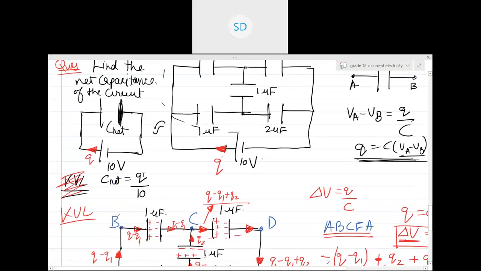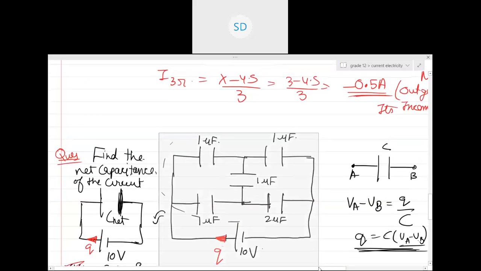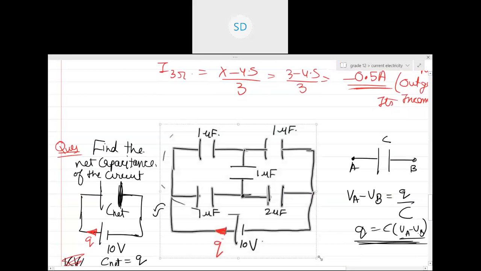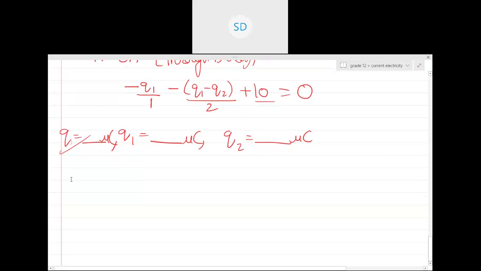The same way we can apply nodal analysis as well. But please remember, we will not be using VA minus VB upon R. We'll be using this. You don't need to distribute the charge or anything. You just simply need to do nodal.